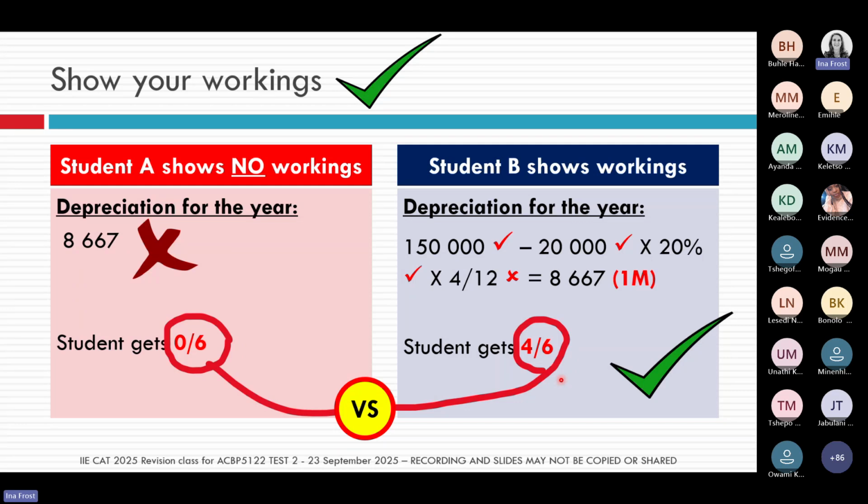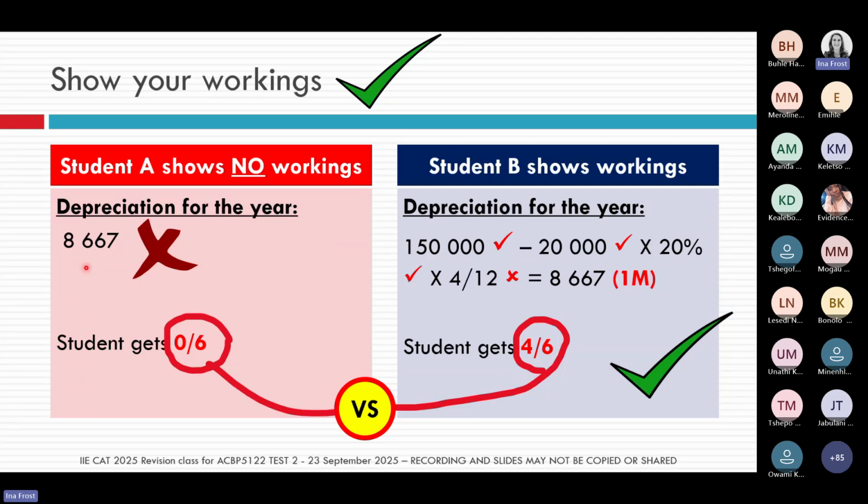So from lecturers, we really want you to do so well, and we get so upset when we mark papers and our students just didn't show us their workings, and then there's nothing your lecturer can do, because if that's all you gave, that's all your lecturer sees. Remember, when your lecturer is marking, you're not sitting next to them to say, oh, but you know how I got to that number.